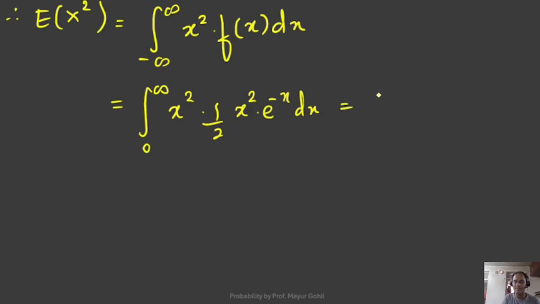So this becomes half into the integral from 0 to infinity of x raised to 4 into e raised to minus x dx.